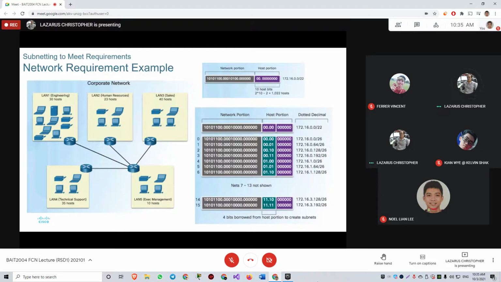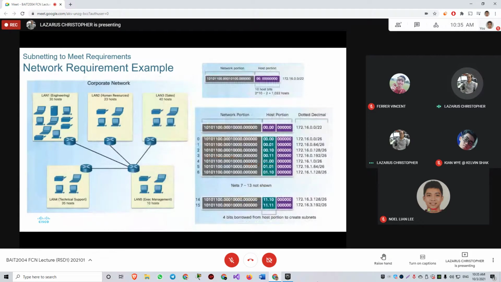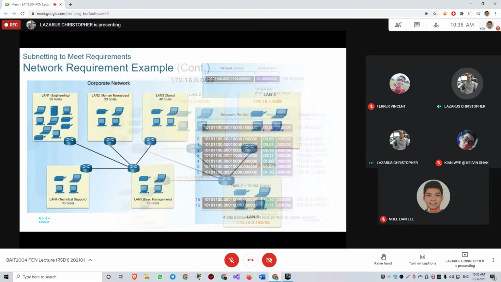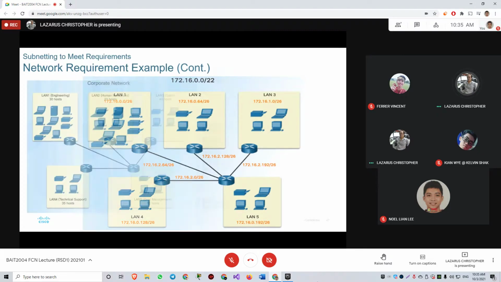Right? And this is the example we have now. In this example, I have the original, where I don't really care, I'm still subnetting. I give everyone /26.